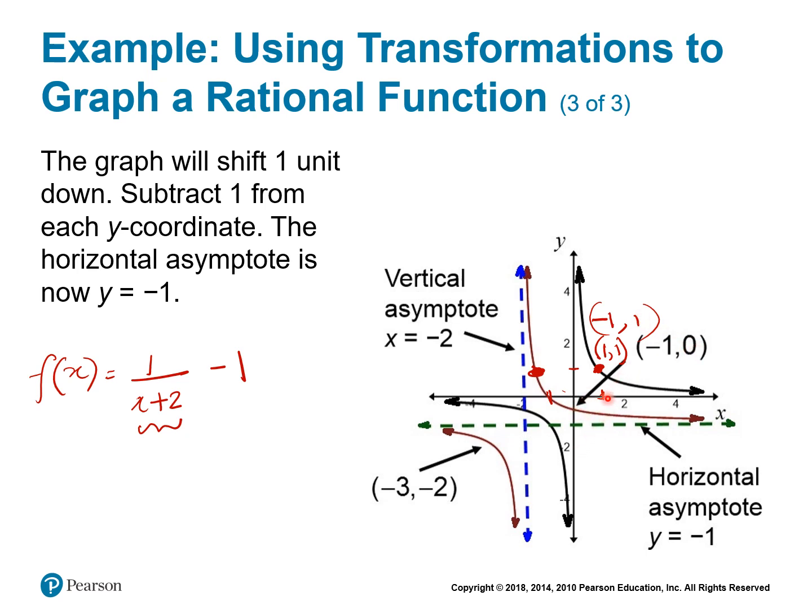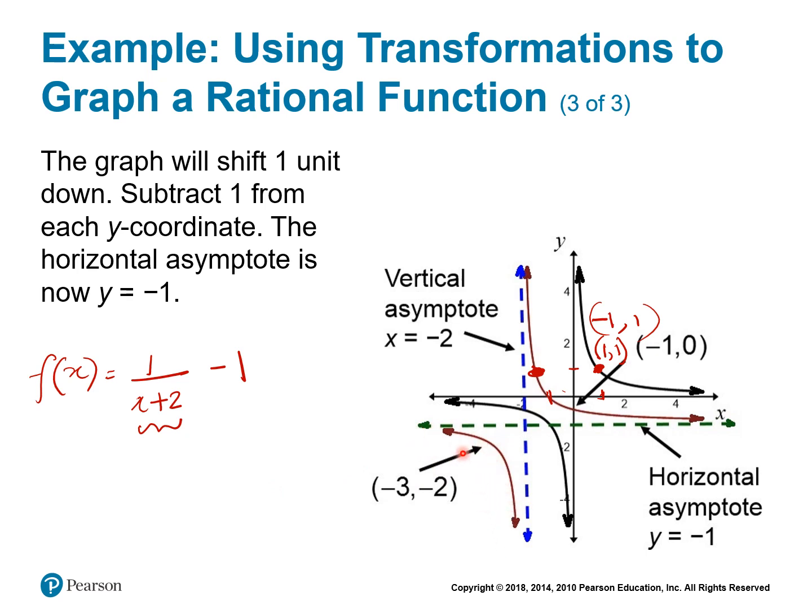So this point is not only going to shift to the left, but also shift 1 unit down. It's going to be at -1, 0. The same thing for this point also.